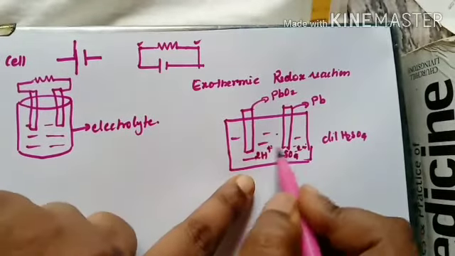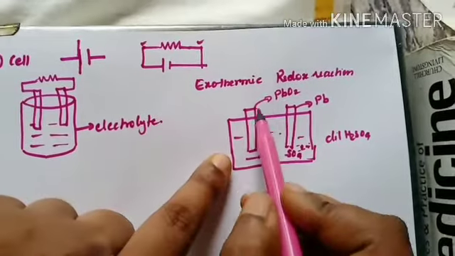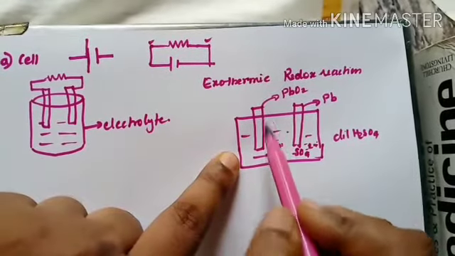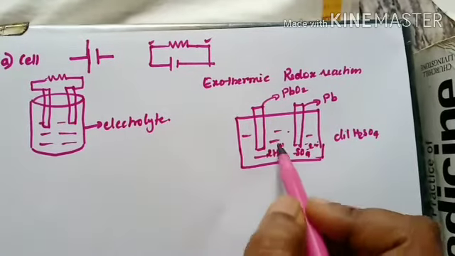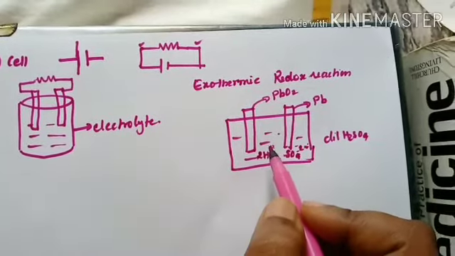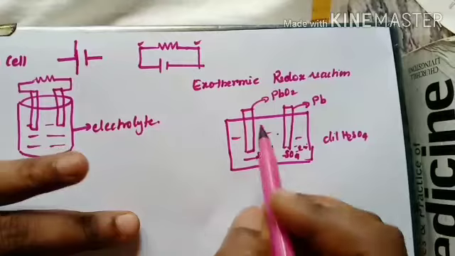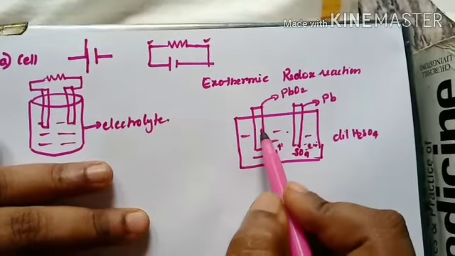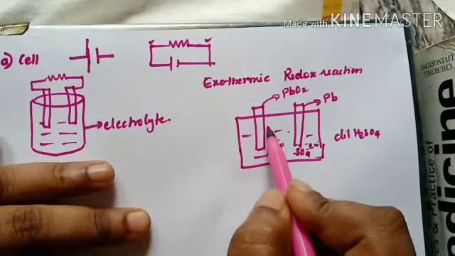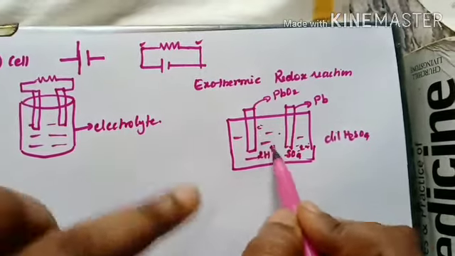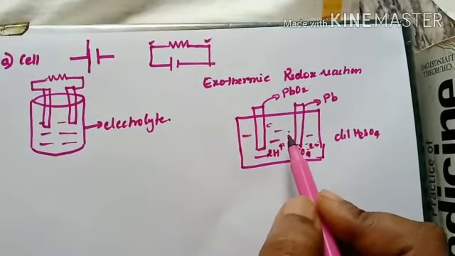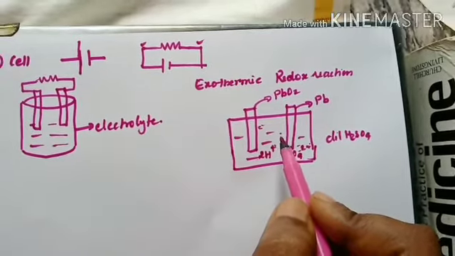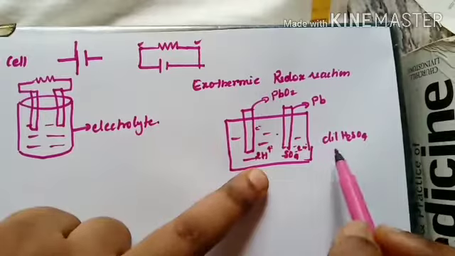These 2H plus ions can react with the lead oxide of this metal. Suppose I consider only one H plus ion; it takes an electron from PbO2. PbO2 will give one electron to one H plus ion, so that it now converts to H. That H is known as nascent hydrogen. Let me repeat.